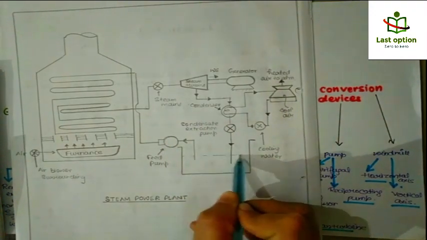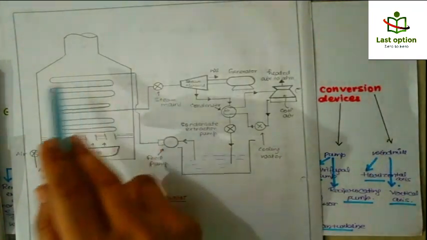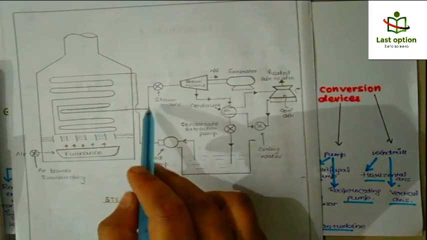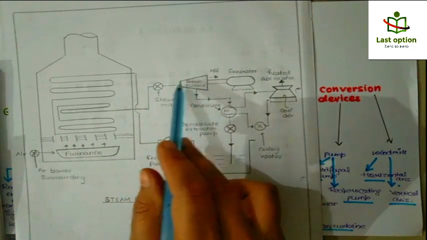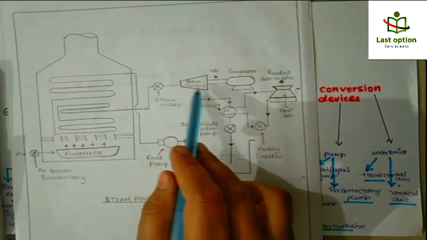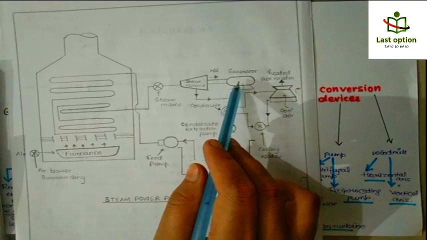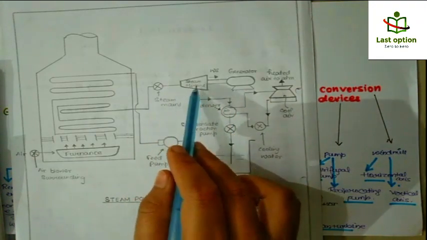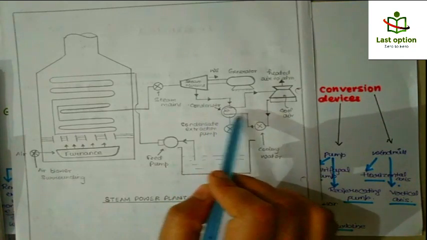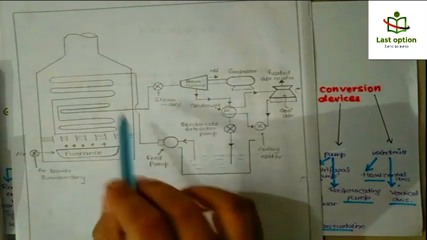Actually here the water is filled, and from here the water is supplied to this boiler, where it gets hot and then becomes steam, and follows this path where the steam turbine rotates due to the high energy of the steam, and then the rotational energy goes to the generator that generates electricity, and then the rest of the steam from the turbine goes from here, and then it's condensed and then again passed here, and then again sent to this boiler.